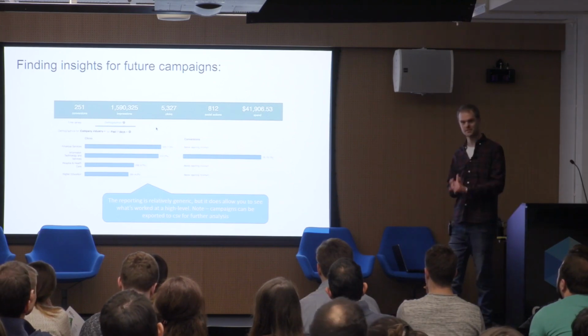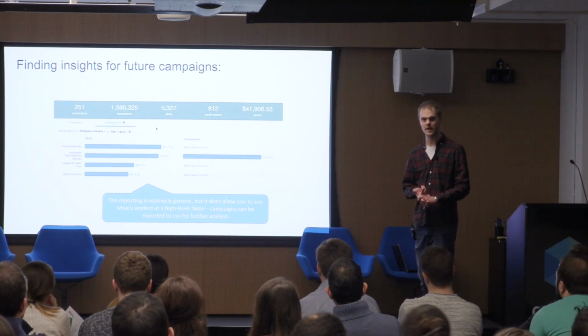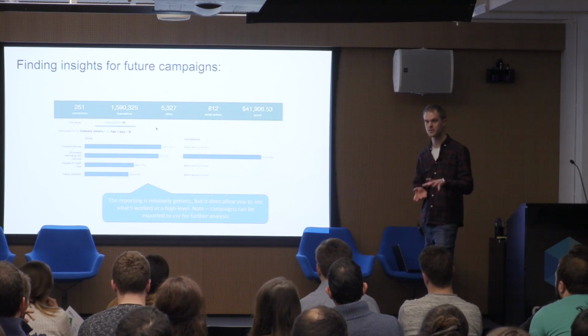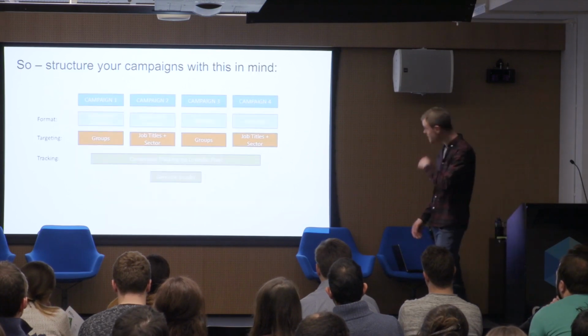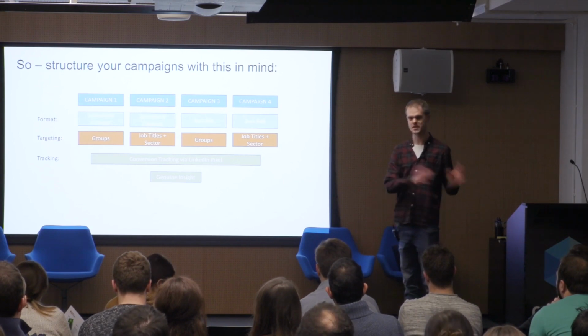But it's fairly generic. Let's say, for example, we're running a campaign targeting members of 10 LinkedIn groups. You don't get the performance breakdown of each group. So what I would suggest is trying to set up a structure for your campaigns that takes that into account.